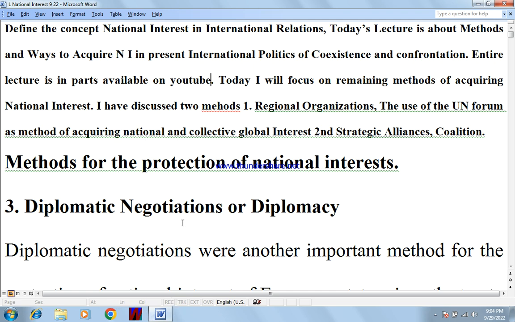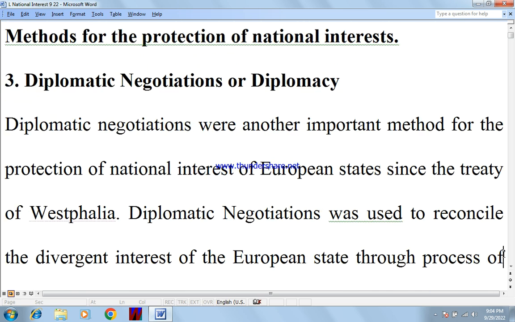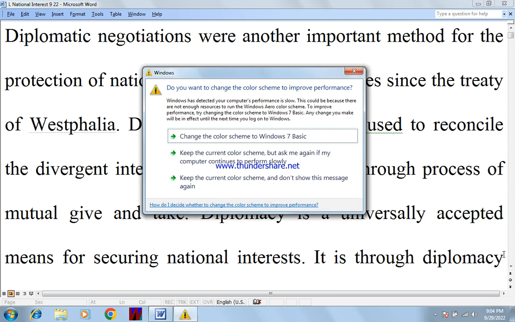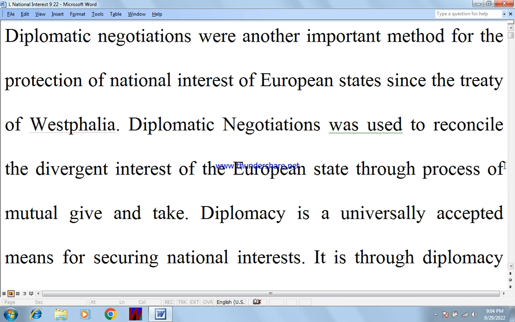Today's topic number 3 is diplomatic negotiations, or diplomatic channels, or diplomacy. Diplomatic negotiations were another important method for the protection of international interest of European states since the Treaty of Westphalia.